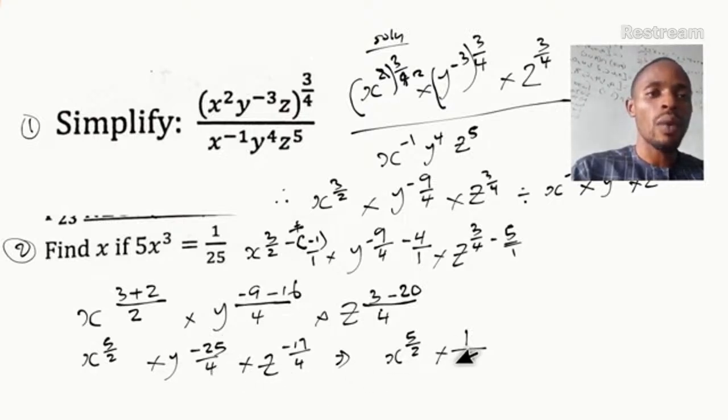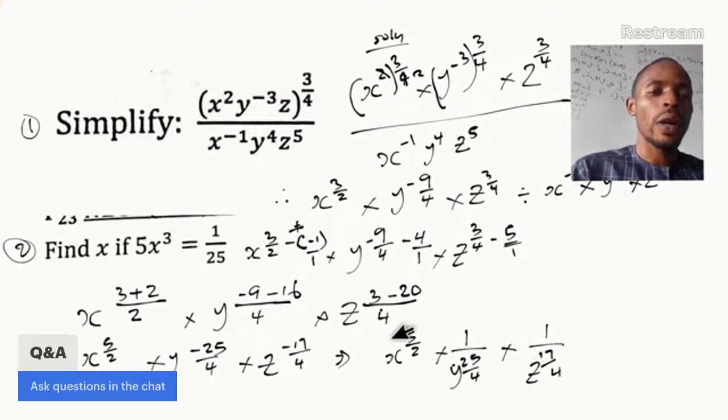So you have y to the power of 25 over 4 multiplied by. For this z also, the same thing occurs here, we got our minus z, now equal to 1 over. So here we have z to the power of 17 over 4. So in this place now, you can multiply that, as this one is over 1, make it all in fraction.